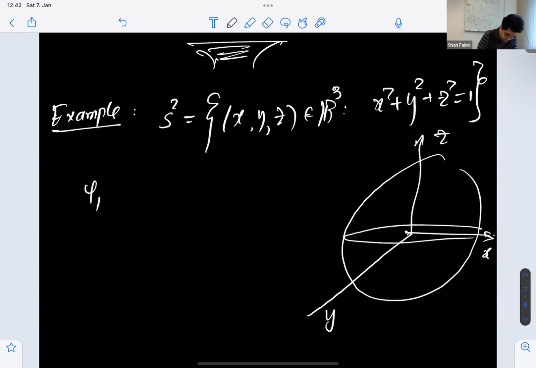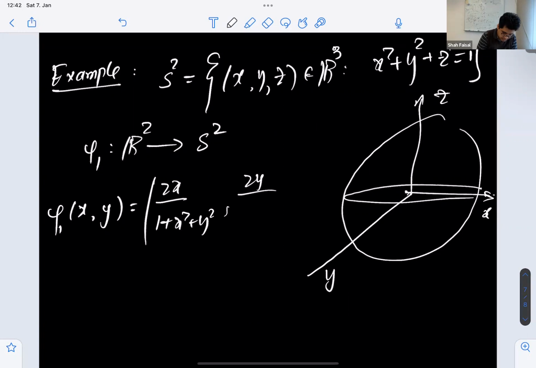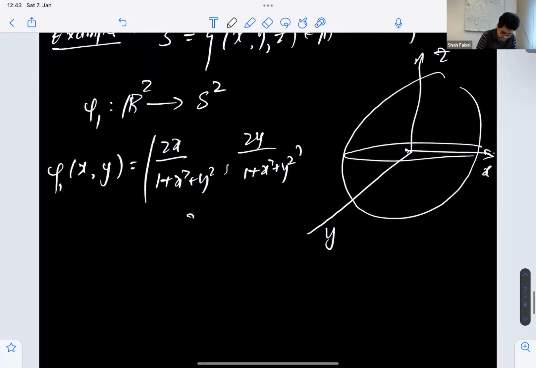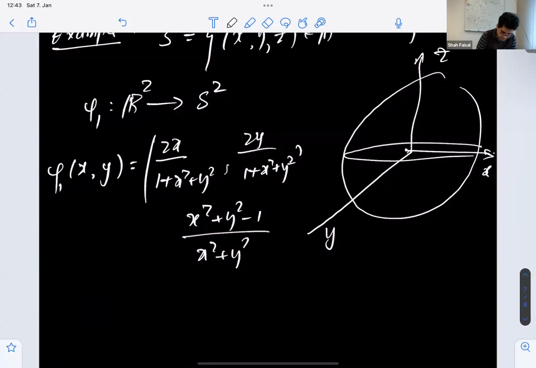So let's say my pi 1 goes from R2 to this sphere, and it's defined by x, y, two coordinates, 2x over 1 plus x square plus y square, 2y over 1 plus x square plus y square, and there's a third coordinate which is x square plus y square minus 1 over 1 plus x square plus y square.